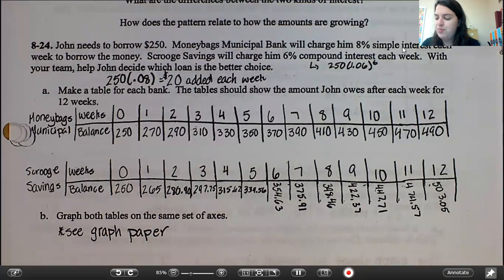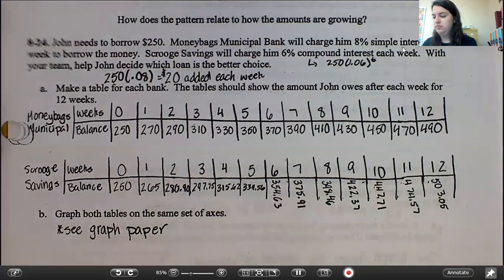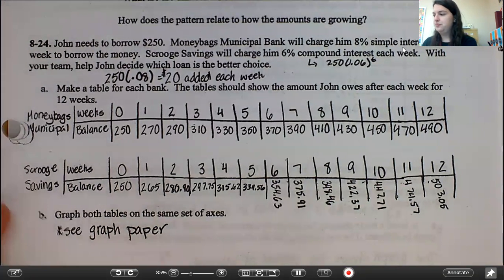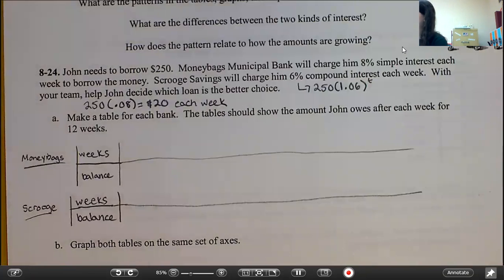B says graph both tables on the same set of axes. So use these tables right here, and now you're going to graph them on the same set of axes. If you're back with me, you have graphs, so let's take a look.